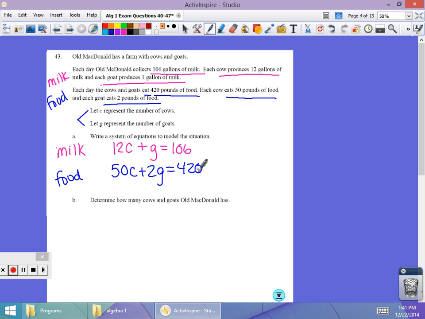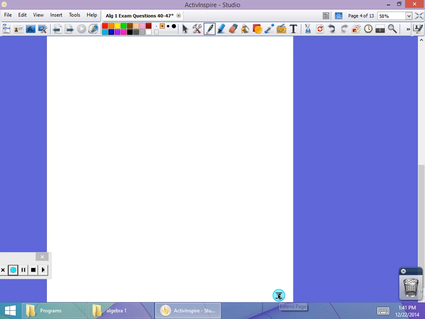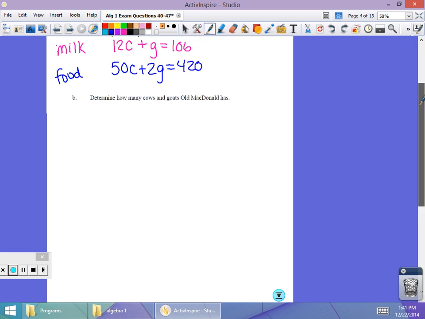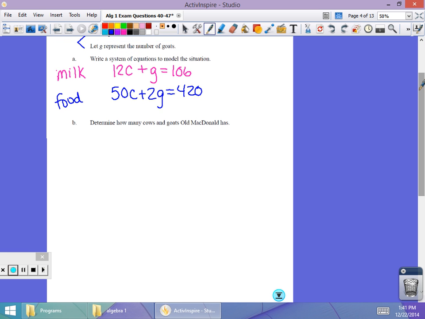For B, we need to determine how many cows and goats Old MacDonald has. So I'm just going to solve the system. I'm going to rewrite the equations down below. I'm looking at this first equation, and I see that the G here has a coefficient of 1.